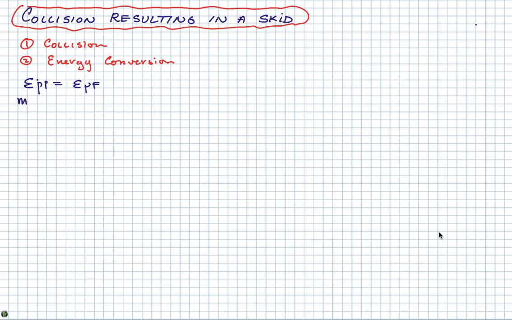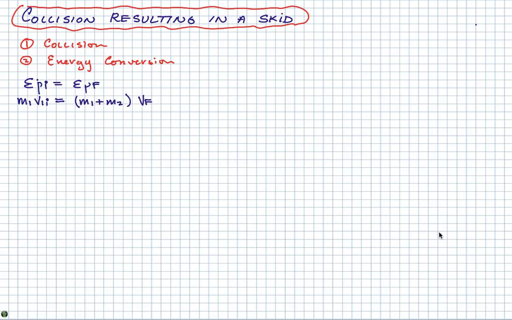Let's call the arrow object 1. M1 V1 initial is going to be equal to the combined system. This is a perfectly inelastic collision, or complete inelastic collision. The two objects combine to form a single system, and they end up having a final velocity.